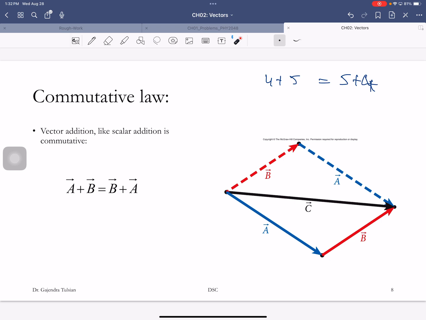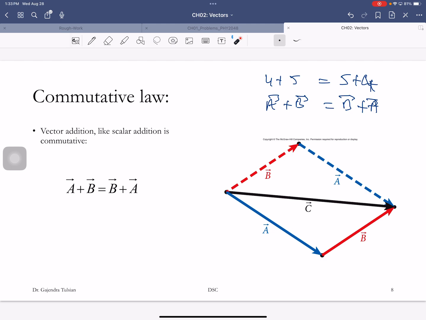You want to see if A plus B is equal to B plus A. And it turns out that it is true. You see this is A plus B, that's equal to C. And this is B plus A, that's equal to C.